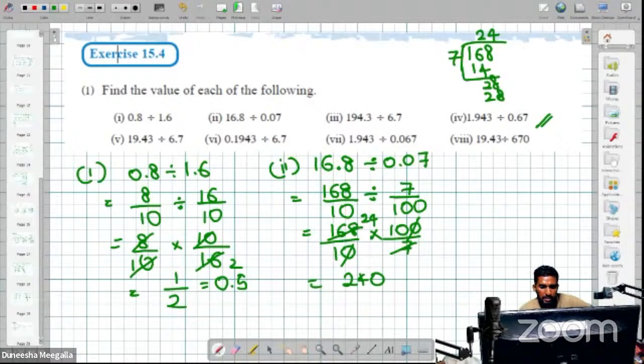Who got the answer 240? Raise your hand if you got it. Claudia, didn't you get it? Sir, I got 24. Okay, you have to multiply by 10.